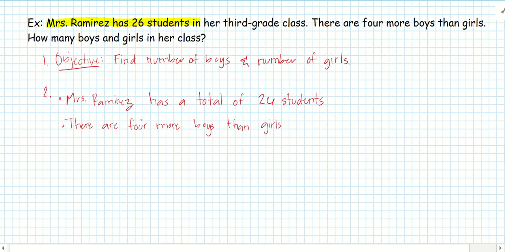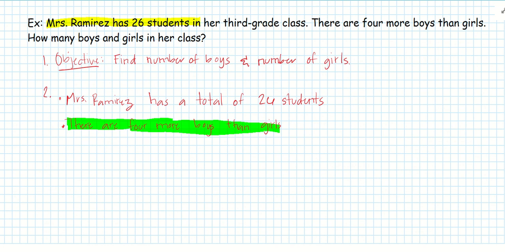Now let's go ahead and first focus on the second sentence, and then we're going to go to the total of 26, okay? So it says there are 4 more boys than girls, right? Notice how they are relating the number of boys with the number of girls. Whatever number of girls we have, there are 4 more than that for the boys.